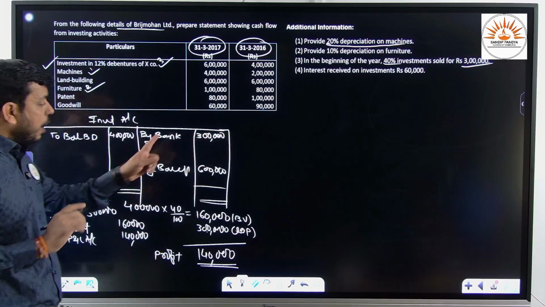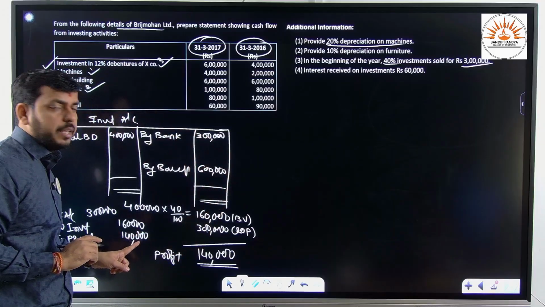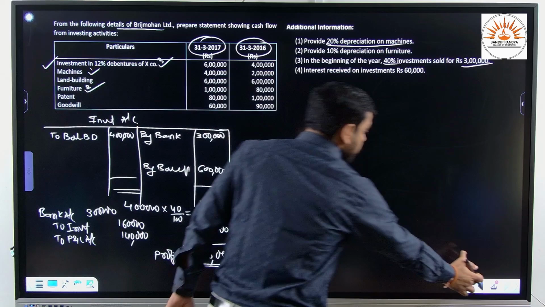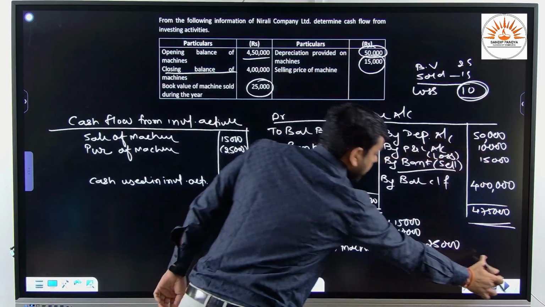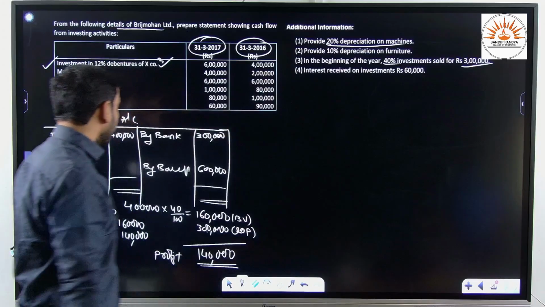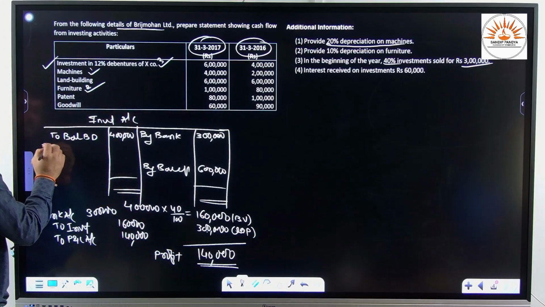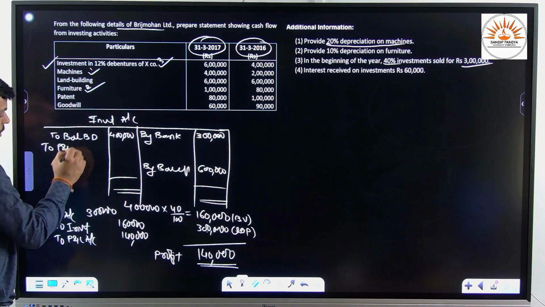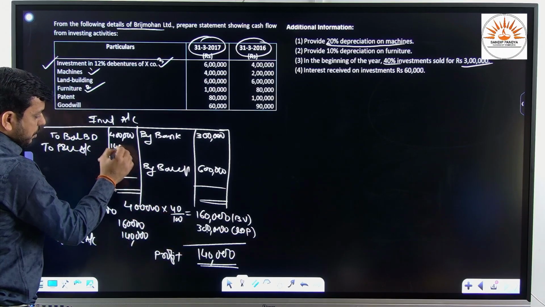Obviously yes, but out of these 3 lakhs we have earned a profit of 1,40,000. In the earlier question, as I showed you, we wrote loss on the credit side, but whenever we are earning profit, we shall write this profit on the debit side. So to profit and loss account, that is rupees 1,40,000.